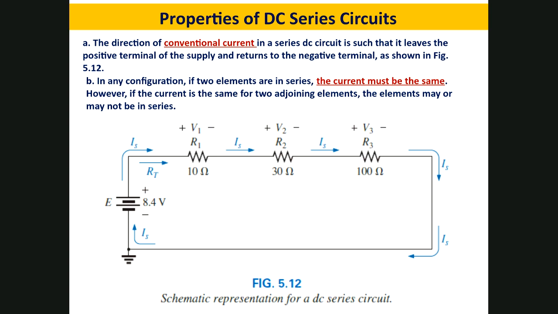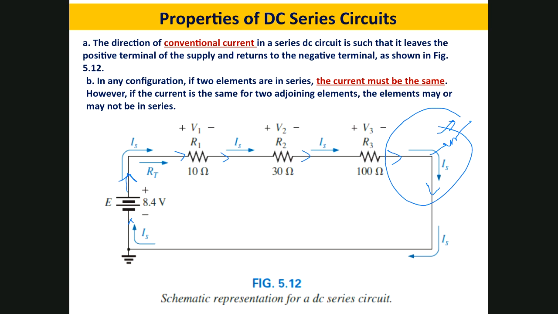For example, one property of the DC circuit is that the flow of the current is the same, which means the current from the source goes through R1, through R2, through R3, and back again as a closed loop to the same source without being distributed to any other way. If I have, for example, this, where the current goes through here and the other goes from there, in this case, this is not a series.